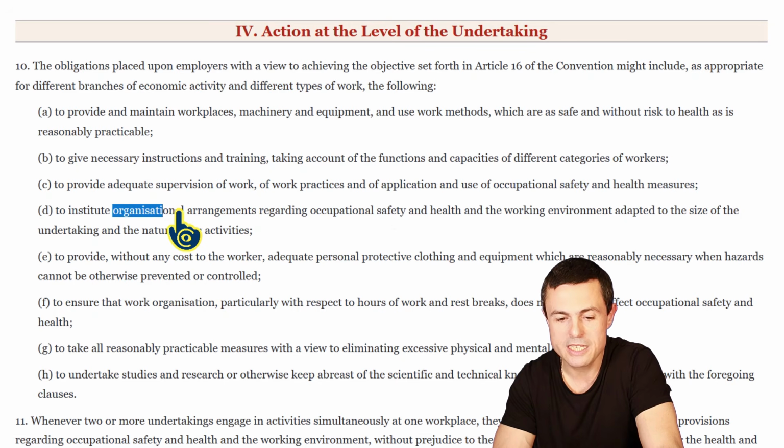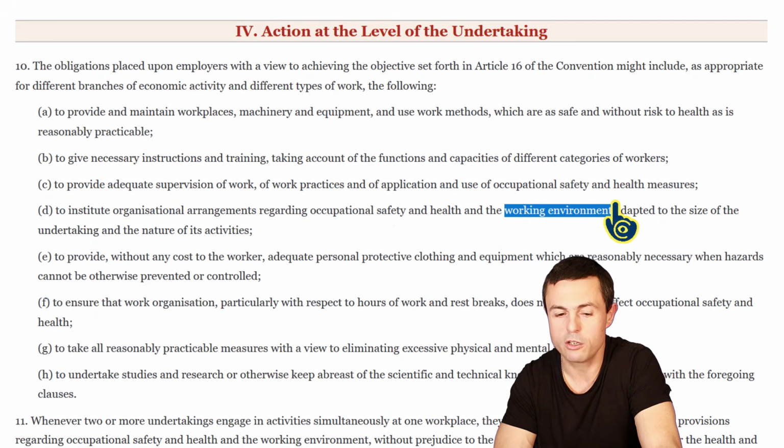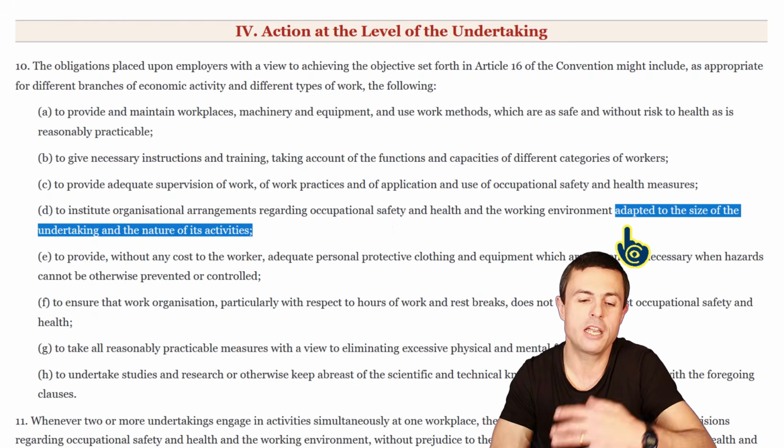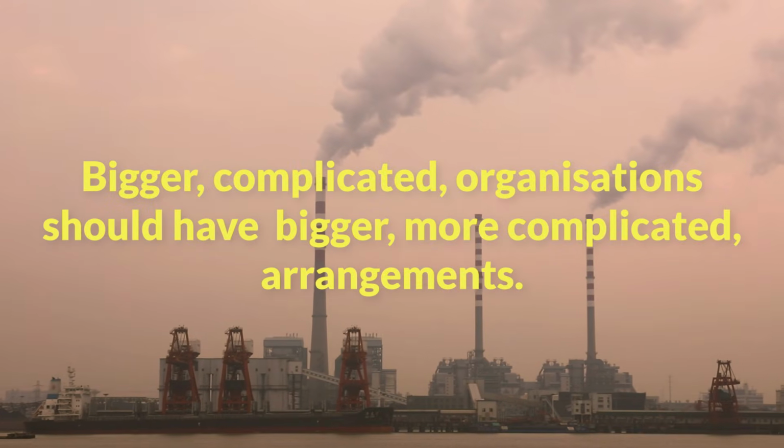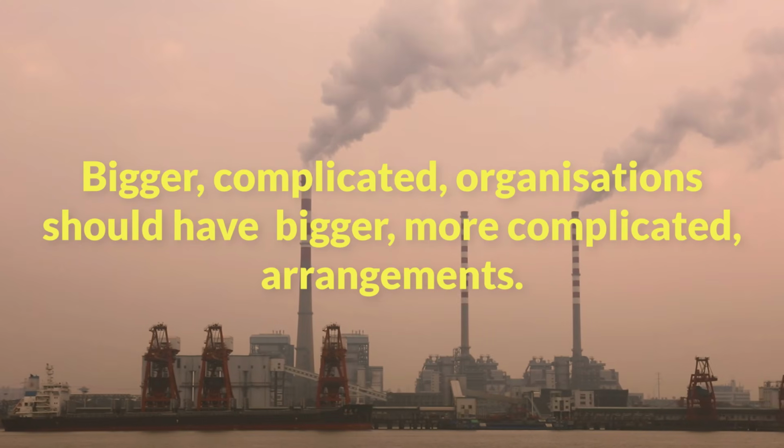We want organizational arrangements regarding health and safety, and also in regards to the working environment. And those arrangements should be adapted to the size of the undertaking. So big organizations, complicated organizations should have bigger and more complicated arrangements.